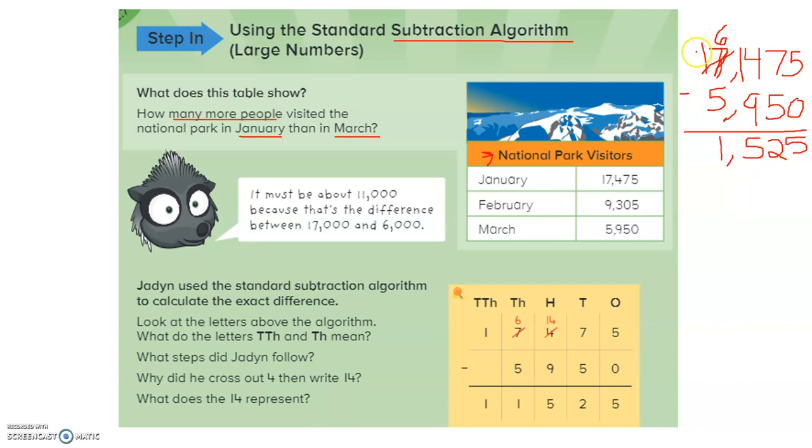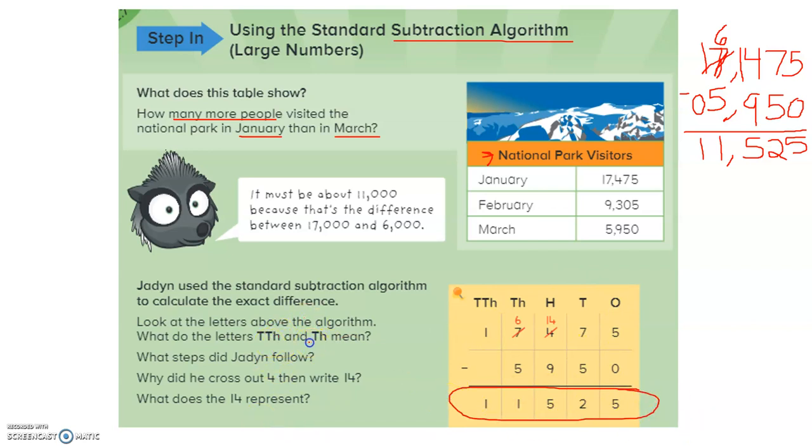Don't forget the comma. And 1 minus basically 0 is 1. We can double check this by saying 11,525 plus 5,950 equals this original number, 17,475. Okay, and obviously it's the same as this one right there.